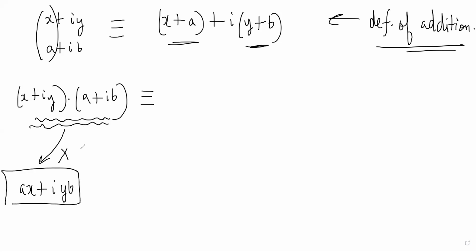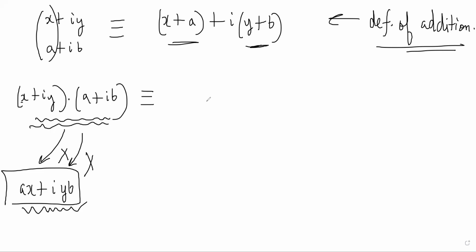Someone could have defined multiplication like this, no? That also makes some sort of sense. You are multiplying the real parts, multiplying the imaginary parts, and writing a new complex number, right? So this is wrong. The reason is because we want to preserve some of the normal rules of algebra and also have some geometrical meaning to multiplication.